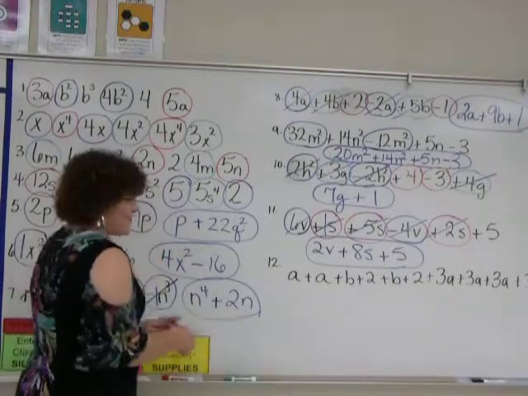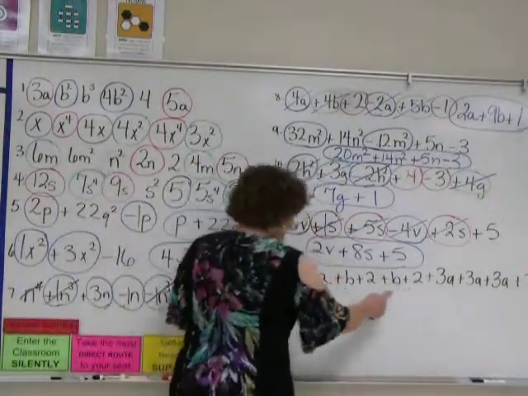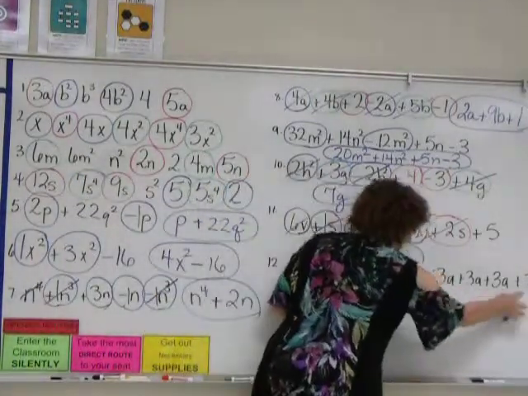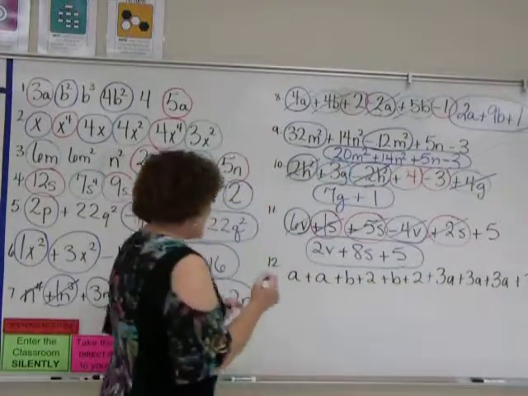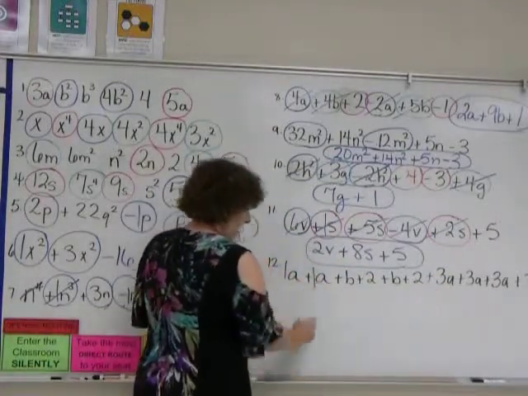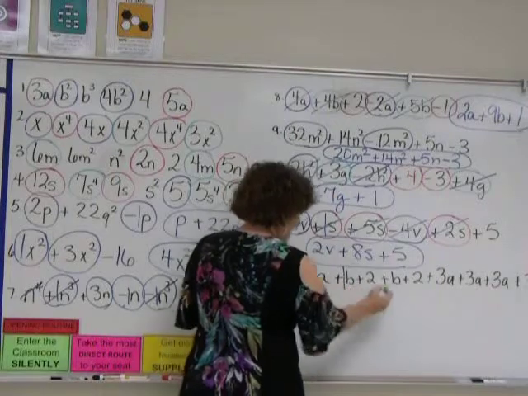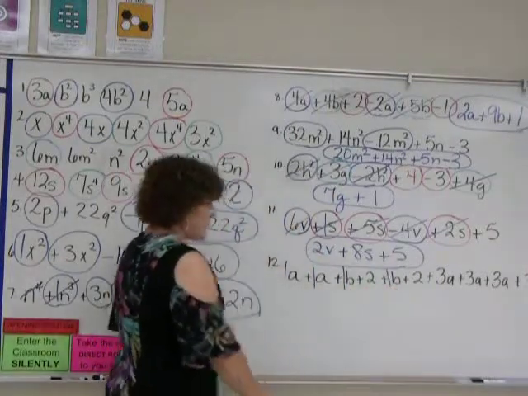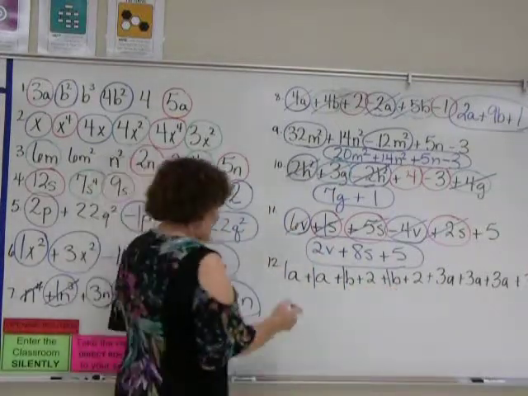Now, these are our 2 combined perimeters for this rectangle and this square. We have an a here and an a here. We have a b here and a b here. And so now we have to circle all of our like terms.